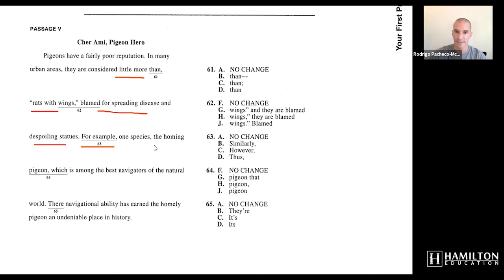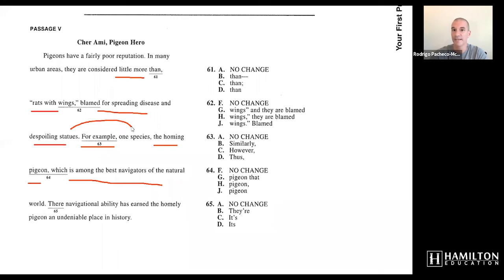The following sentence talks about the homing pigeon and tells us that it is among the best navigators of the natural world. These are fairly positive things to say about the pigeon, one of the best navigators. So what is the relationship between these two sentences?